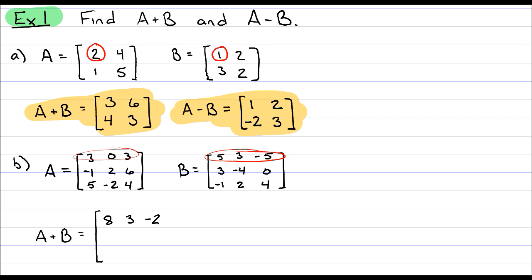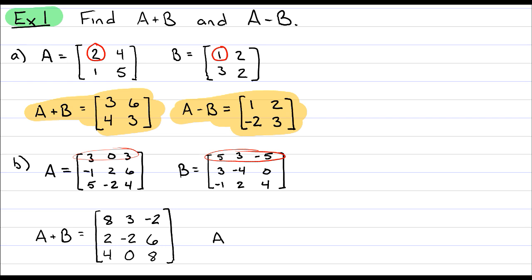Now I move down to the second row, and I get minus 1 plus 3, 2 minus 4, 6 plus 0. Then in the third row, I have 5 plus minus 1, minus 2 plus 2, and then 4 plus 4. So this is the sum A plus B.